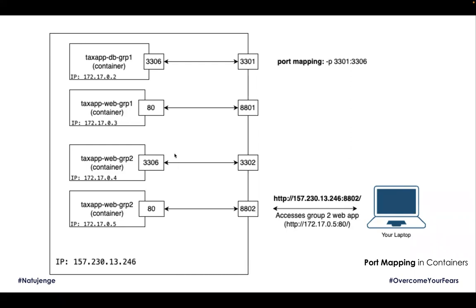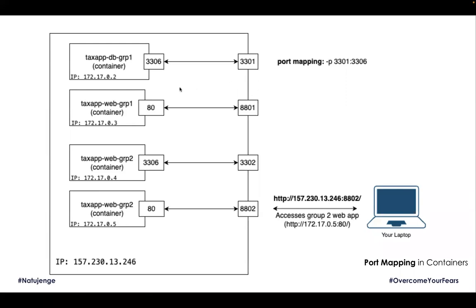So that's why you'll say that this service that internally is 3306, I want to map it to 3301, and you do this. This one you do -p 8801 and you map it to port 80 within the container.